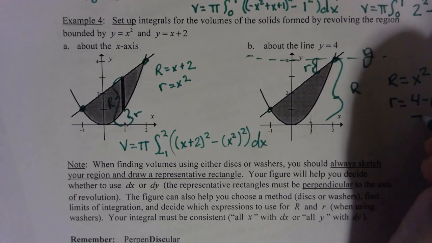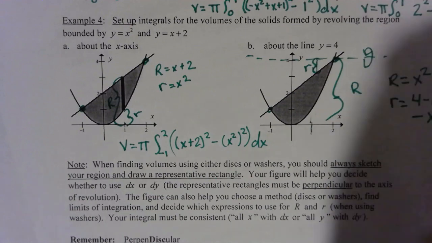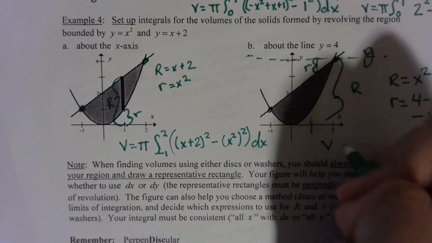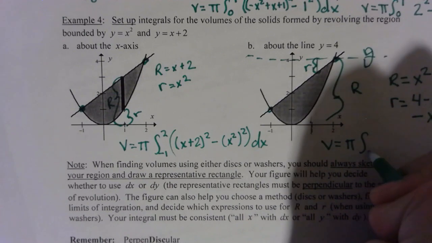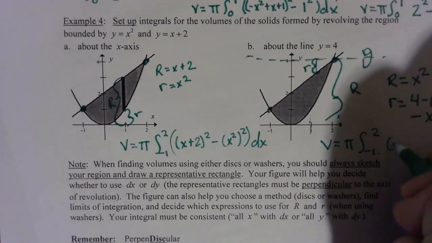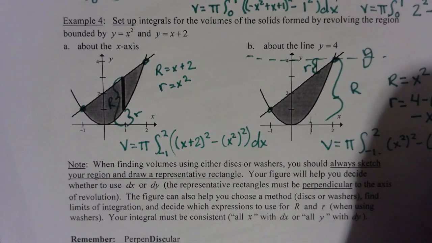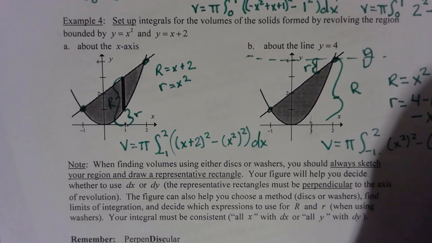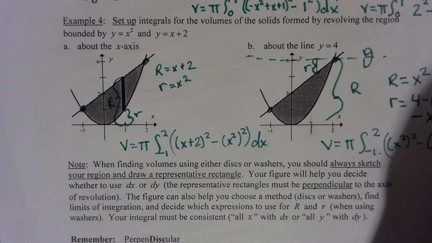We end up with negative x plus 2. Now when we write this volume, we get pi, boundary of -1 to 2, big R squared minus little r squared dx.